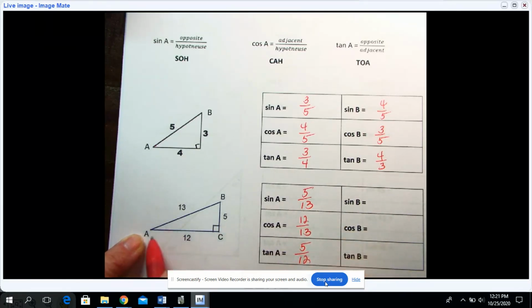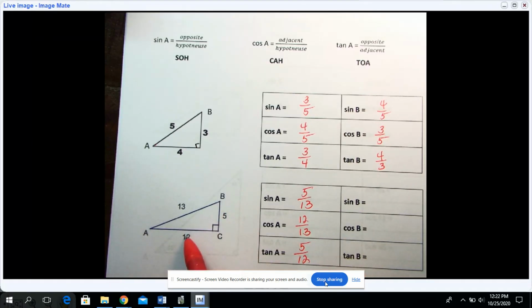Again, what's opposite of angle A is 5. What's opposite of angle B is 12. So you can't call this the opposite for the whole thing, because it's only opposite of A. What's opposite of B is side 12. 13 is the hypotenuse for all of it.